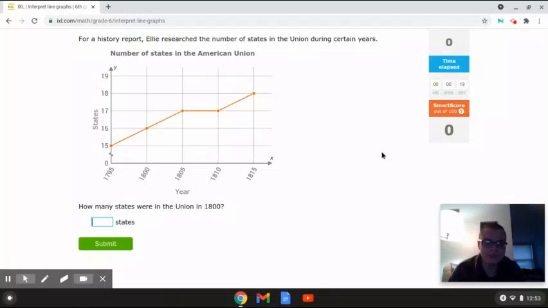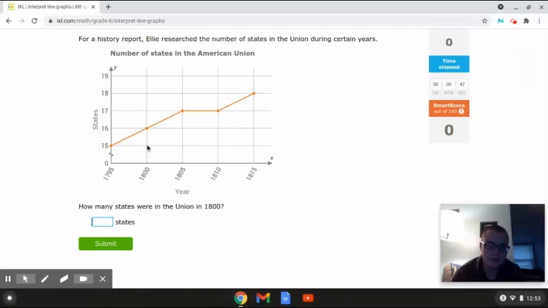All right, so this next problem reads, for a history report, Ellie researched the number of states in the Union during certain years. This line graph is showing us the number of states in the American Union. The x-axis is showing us the year, and the y-axis is showing us the states. This question is asking us, how many states were in the Union in 1800? This number gives me a clue that we're going to be looking at the 1800 part of the line graph.